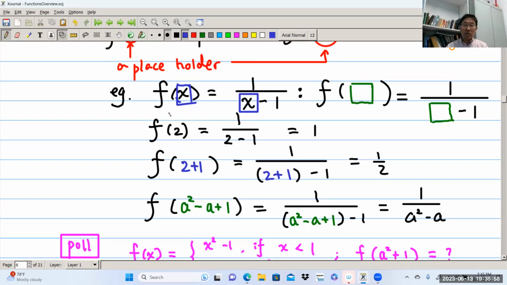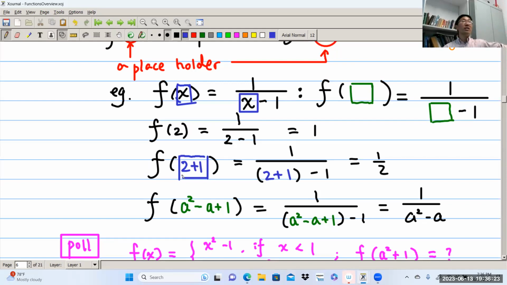So now, let me show you some examples. Of course, if I just give this function a number, say 2, what is f of 2? Very easy. You replace that x by 2, you get 1 over 2 minus 1, and you get the output. Now, if I supply 2 plus 1, what is f of 2 plus 1? This 2 plus 1, at the end of the day, we know it's 3.